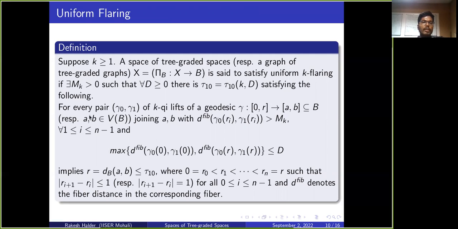The property is that for every pair gamma naught and gamma 1 of K-QI lifts of a geodesic gamma joining A and B, such that the fiber distance of gamma naught(R_i) and gamma 1(R_i) is greater than M_K, where the R_i form a partition of the interval [0, R] such that consecutive points have at most one distance, and we are assuming that the fiber distance of the images of these n points under gamma naught and gamma 1 is bounded by D, then we can bound R in terms of τ. This is the uniform flaring condition.